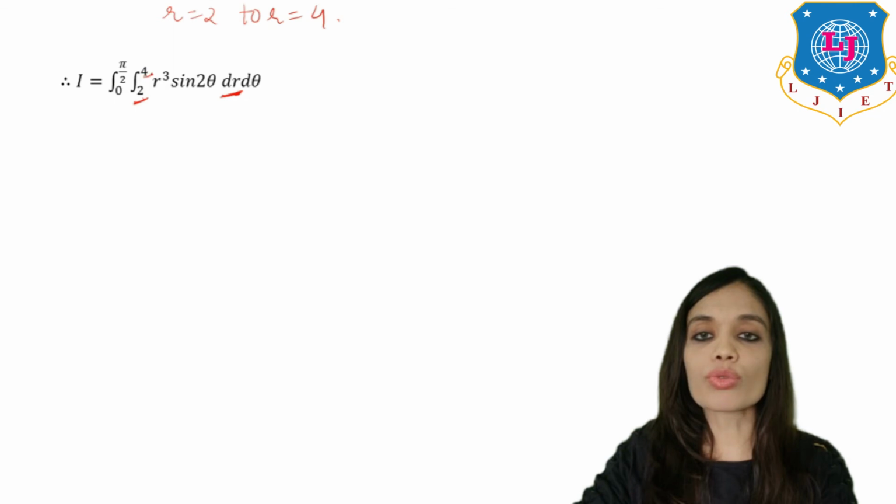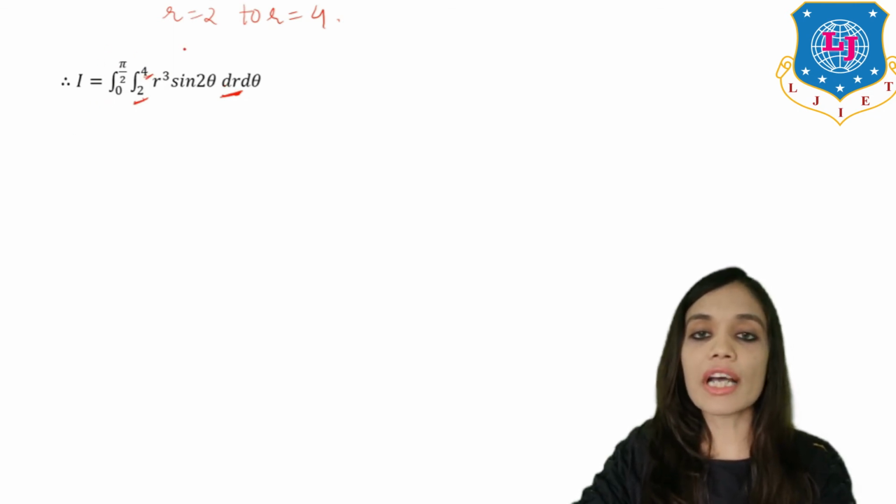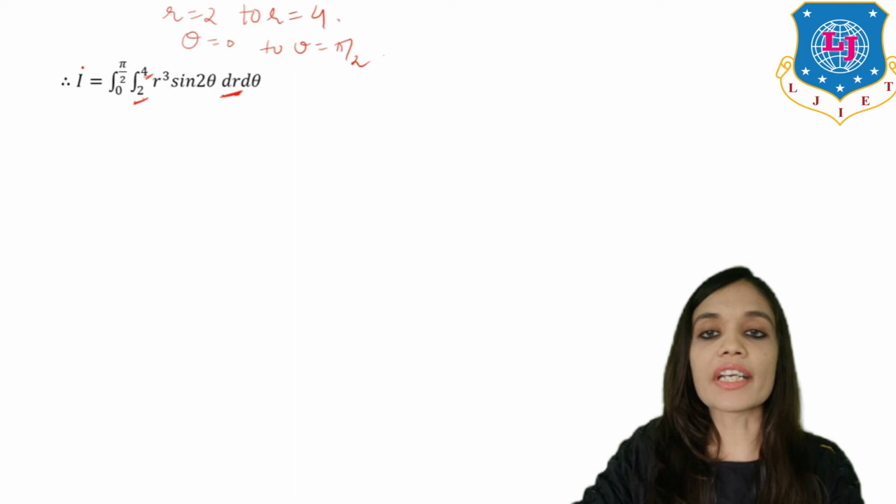So limit is 2 to 4 dr. Now put the limits of theta, that are 0 to what? Theta equals pi by 2. So we will finally get our I as the double integral from 0 to pi by 2 and 2 to 4 of r cube sine 2 theta dr d theta.